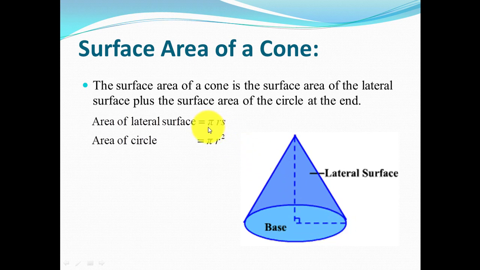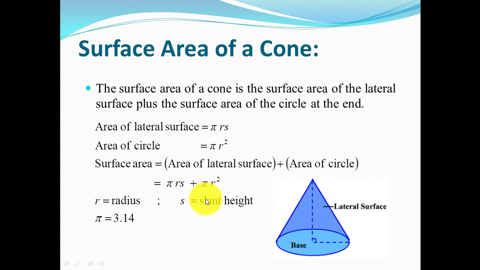And pi, we know that pi is a fixed quantity, 3.14, or in fractional form 22/7. And also we saw above the area of a circle, which is equal to pi r square. Then surface area of cone is equal to area of lateral surface plus area of a circle.